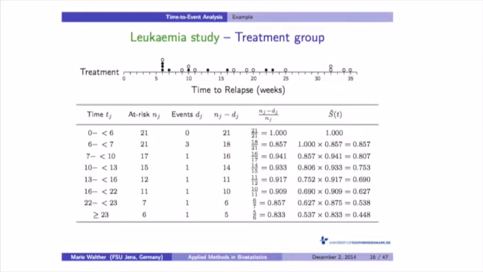The conditional probability of being event-free within this time interval, excluding 7 weeks, conditional that the patient is event-free up to 6 weeks, can be calculated by 18 over 21, which is about 0.857. Applying the product formula, you have to multiply the survival probability for former time points with the survival probability of the actual time point we are considering. In this case, 1 times 0.857 gives 0.857.